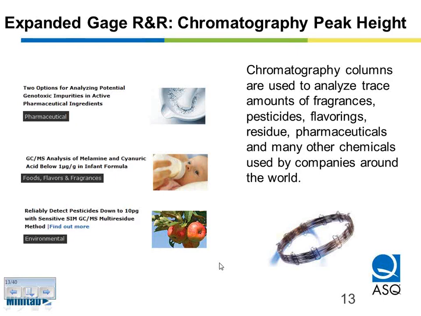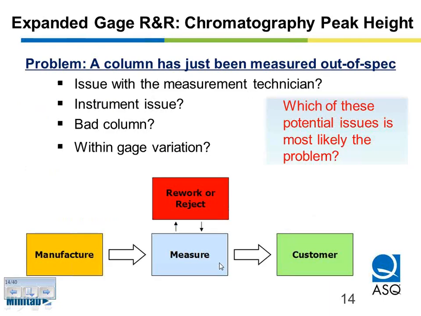So the manufacturer of these gas chromatography columns was very much interested in their expanded gauge R&R, and the reason for this is that the measurement of the performance of the column was critical to their manufacturing, because it was so critical to the performance at the customer.